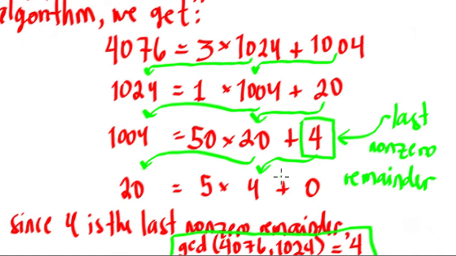We can see that the algorithm works this way. The old divisor becomes the dividend, the remainder becomes the divisor, and so on until you get the last non-zero remainder, and this non-zero remainder will be your GCD. So that's the end of the Euclidean algorithm.